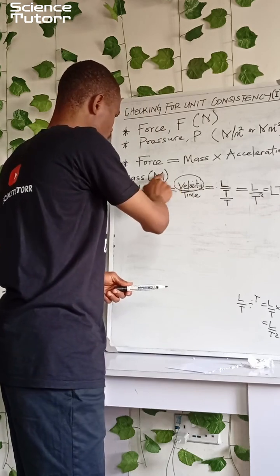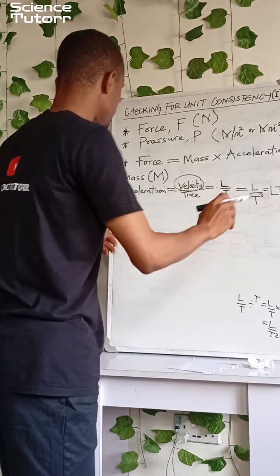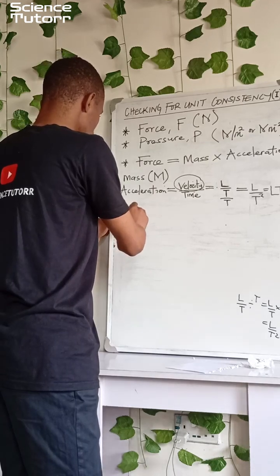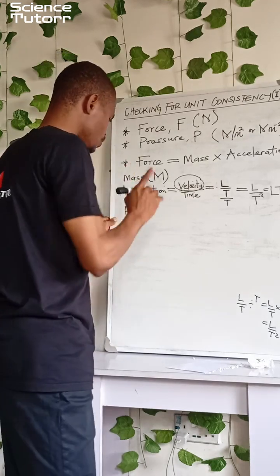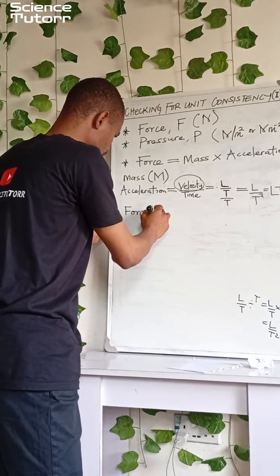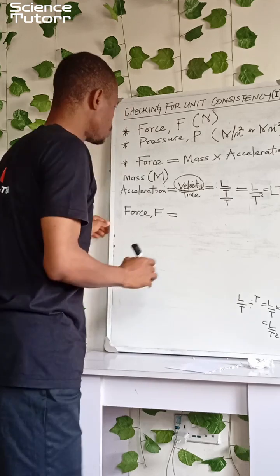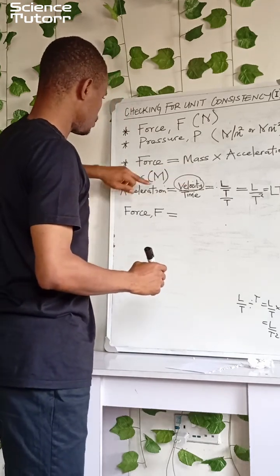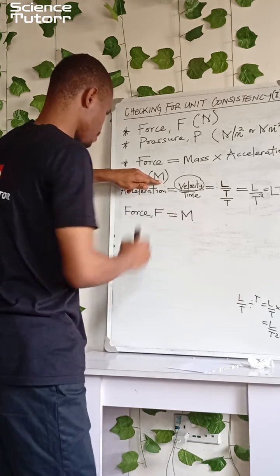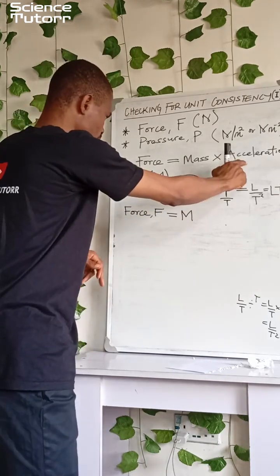Remember, for mass, we had it as M. So at the end of the day, consider force. Checking for unit consistency, force F will be equal to mass, which is M, times acceleration.